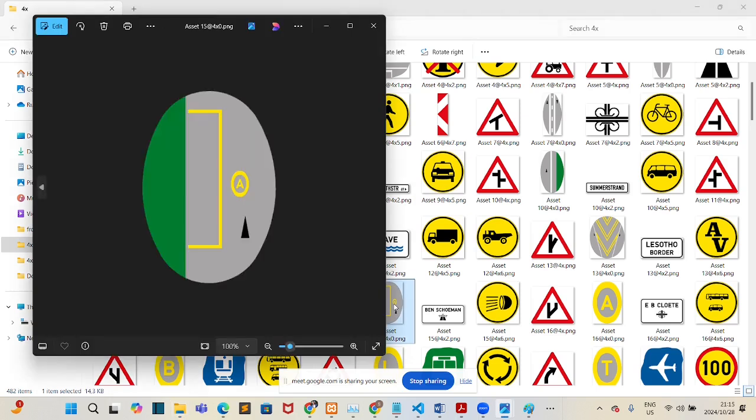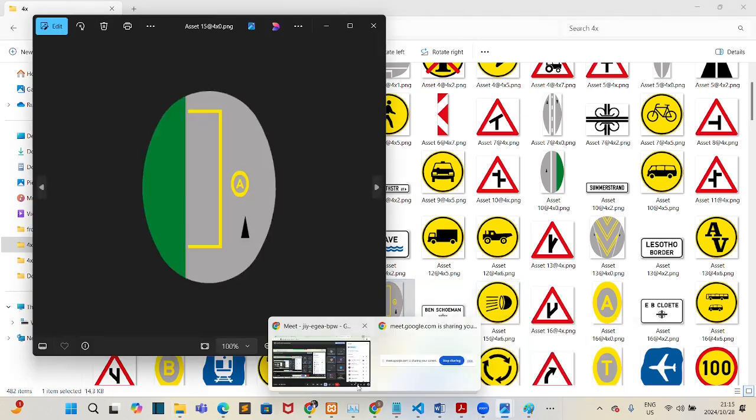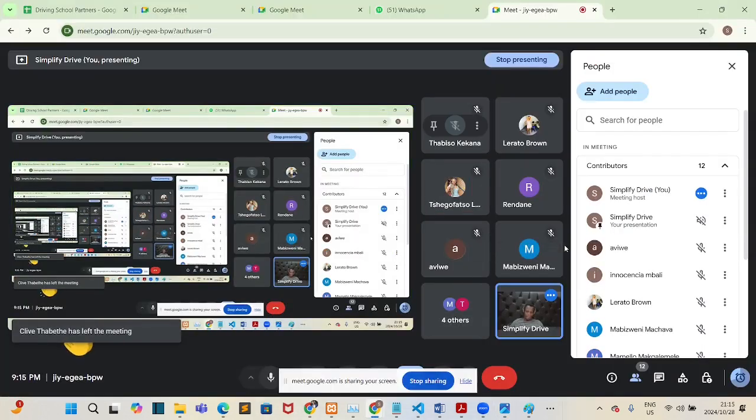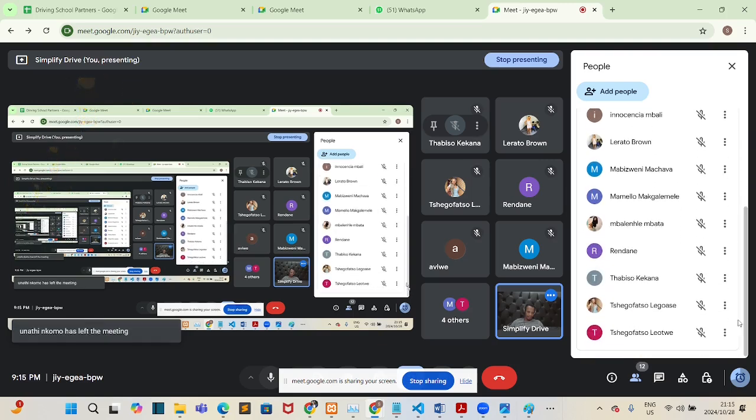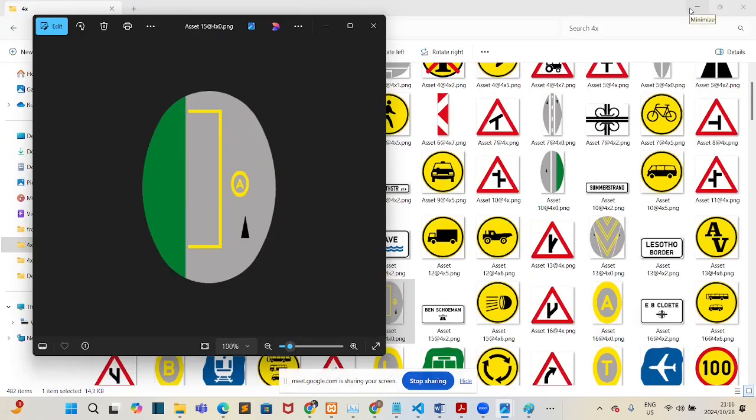Let's see this one. Valencia, that one. This is a road marking.